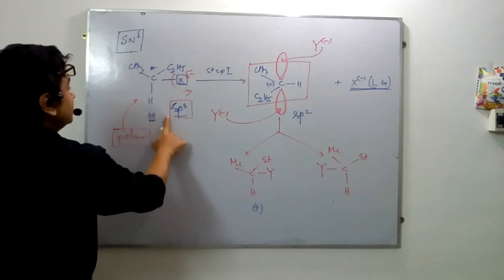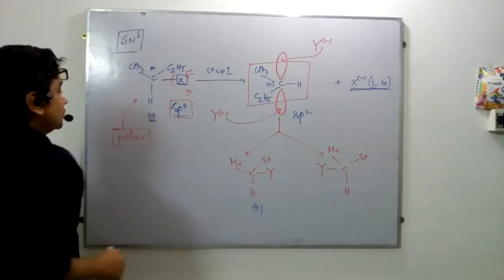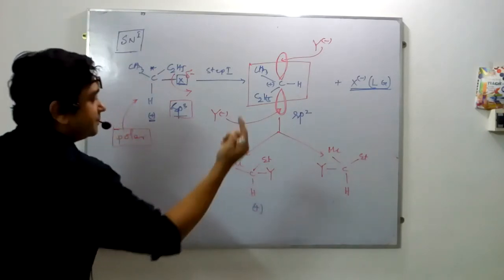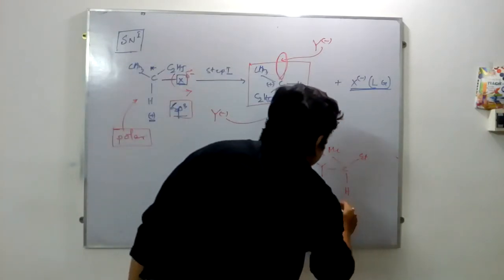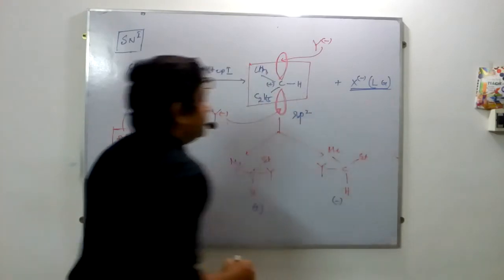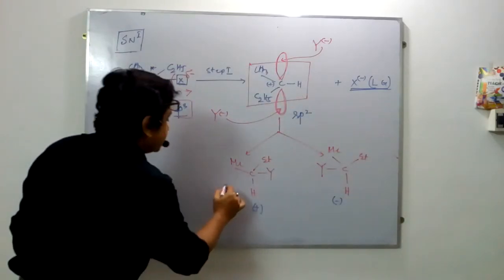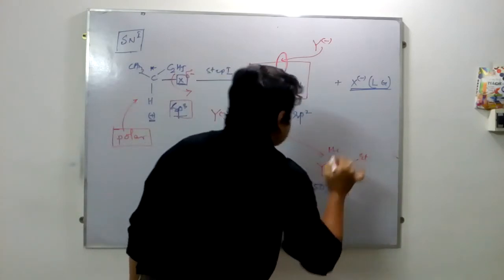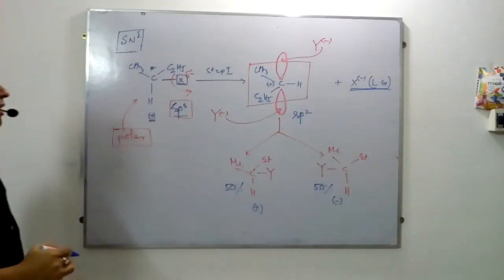Suppose let us imagine this is dextrorotatory. So dextro will remain as dextro, and there is a 50% chance that it will form levorotatory. So there is 50% dextrorotatory and 50% levorotatory formation chance.